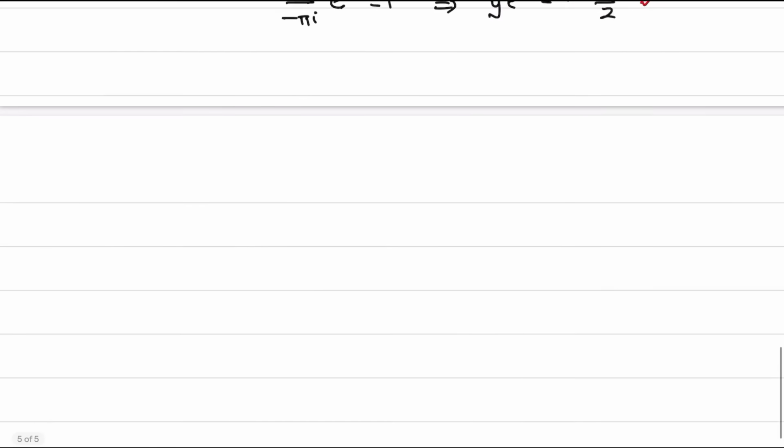Here we have y into e to the power of y equal to minus i pi by 2, which from Lambert's equation is in the form of the Lambert W function. y is equal to W of minus i pi by 2. This is the solution. I have done it.